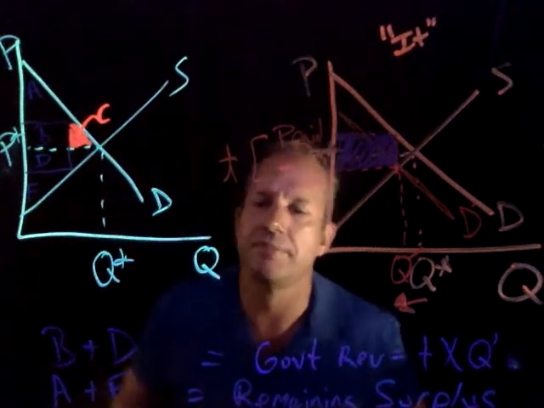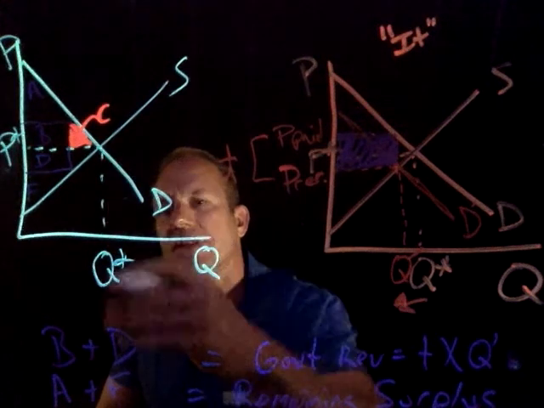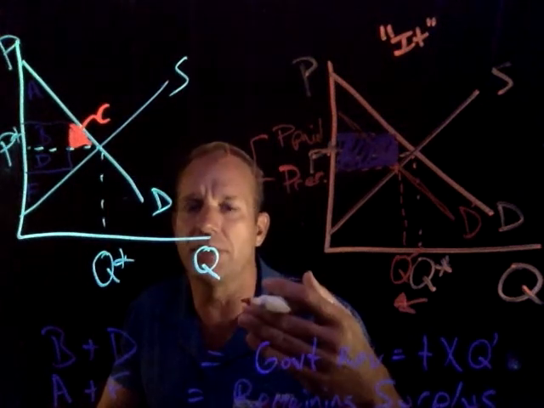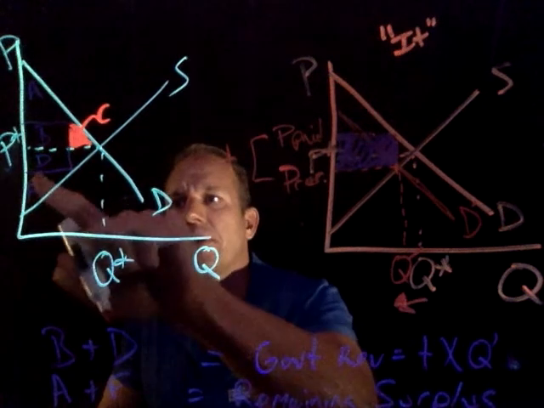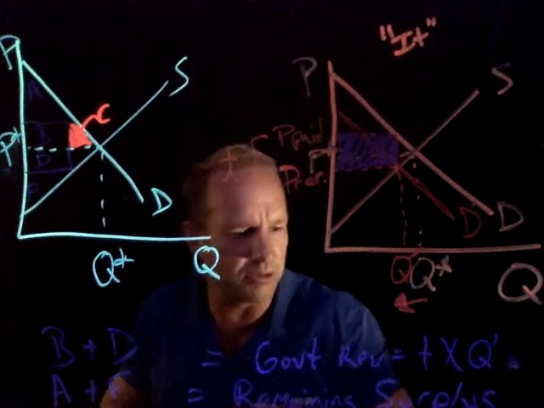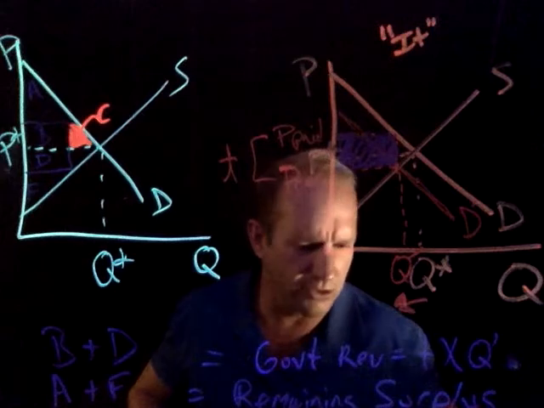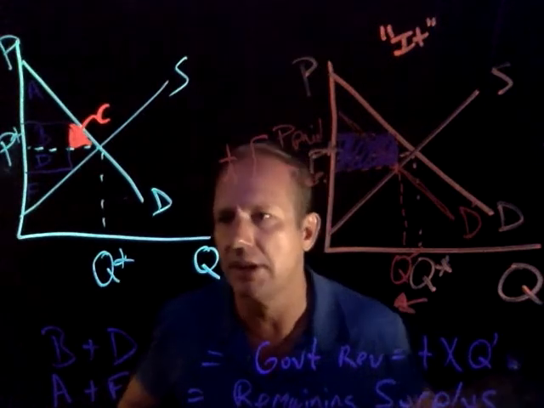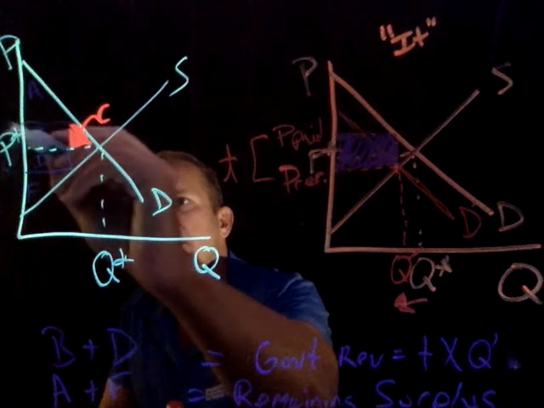How about down here? These are sellers who were actually willing to sell it for a few cents less than the equilibrium price, but they used to be able to get the equilibrium price, and now the price received is somewhere lower than their threshold price. So this is the price paid.